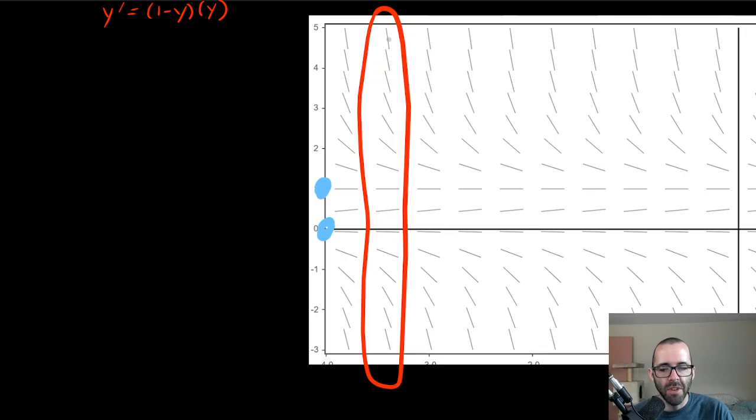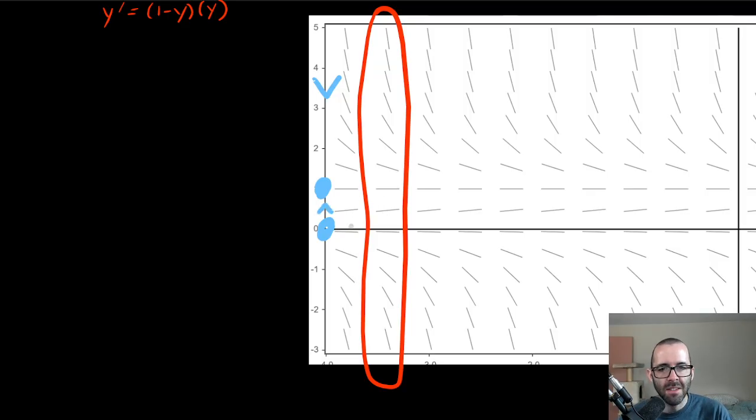This is negative slope. The function's going down. So I'm going to draw a down arrow. And the slope's still negative, it's changing, but we're not going to include that information in our phase line. It's kind of hard to see here, I could zoom in, but everything over here has a positive slope.